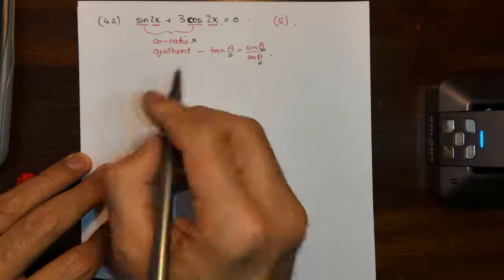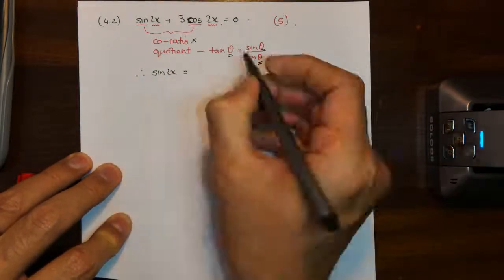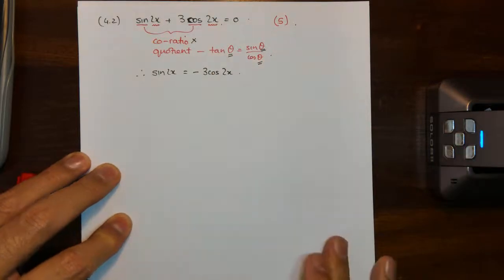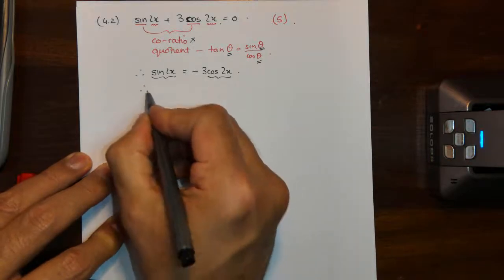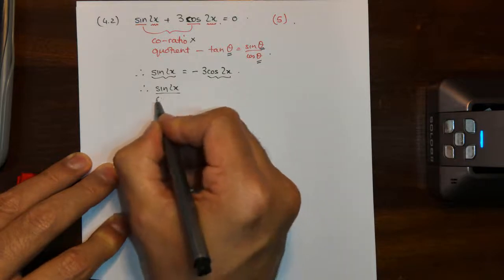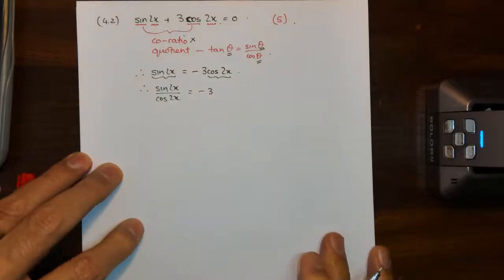Okay, but what am I going to do? I'm going to say this is the sine of 2x, which is equal to minus 3 times the cosine of 2x. And now I'm going to combine these two in the quotient identity. Sine 2x divided by cos 2x will then be minus 3.